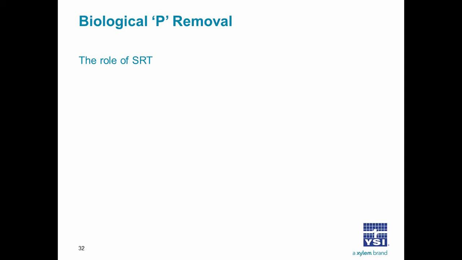So the role of SRT to biological removal cannot be understated either. If SRT is too low, there is not enough time for these phosphate accumulating organisms to exist in the system. They are washed out. But too high of an SRT also has detrimental effects. Secondary release, for example.